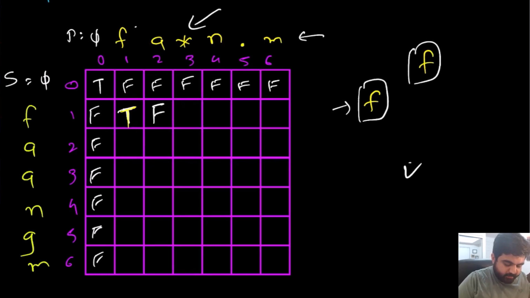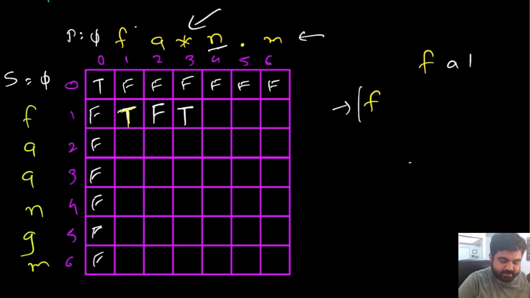So we check, okay, this was true, so definitely we are going to put true over here. Awesome. Now we are at this position N. Currently we are comparing FA star N with F. So N and F, there is no match, so definitely we can mark false over here.